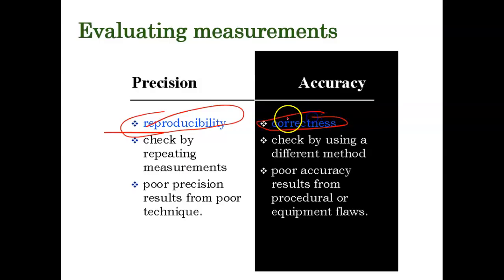Accuracy is correctness. Check by using a different method. If you continue to get the same measurements every time you do it different ways, then you have good accuracy. It may not have hit the target, but it's very correct. But if we're hitting our target value every single time, we have good precision.